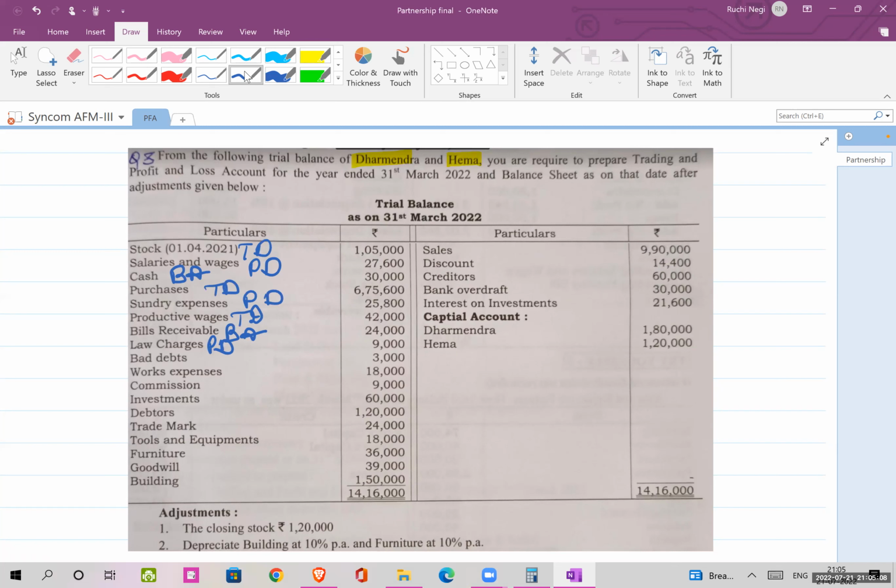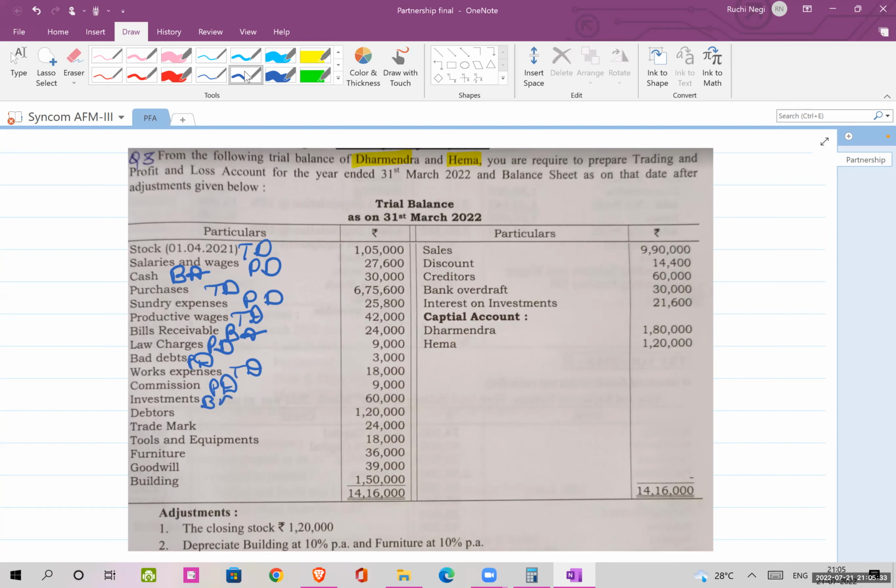Bad debts, so we'll be using the formula. This is a trial balance bad debts. In the formula, when I write, I will show you how to represent it. So for the time being, I'm writing it P&L debit. Works expense, works means factory, the factory related expense will go to trading. Commission, this will be P&L debit.